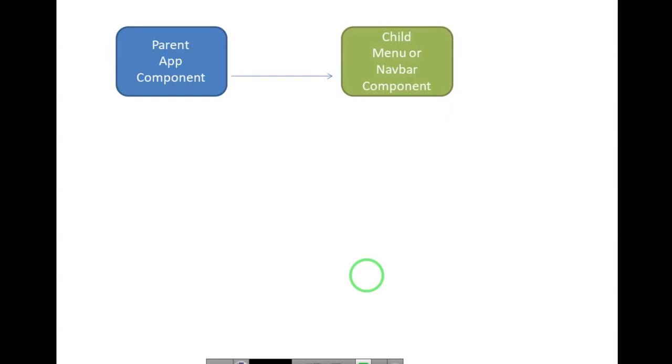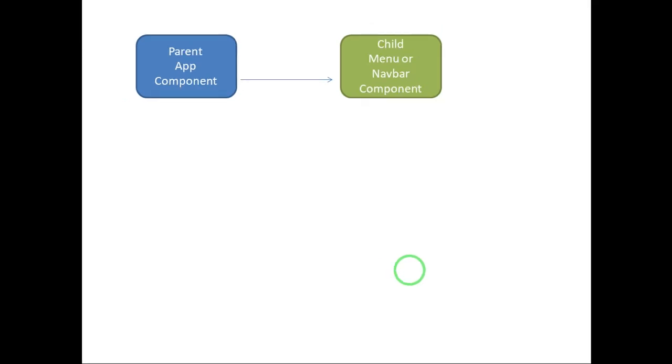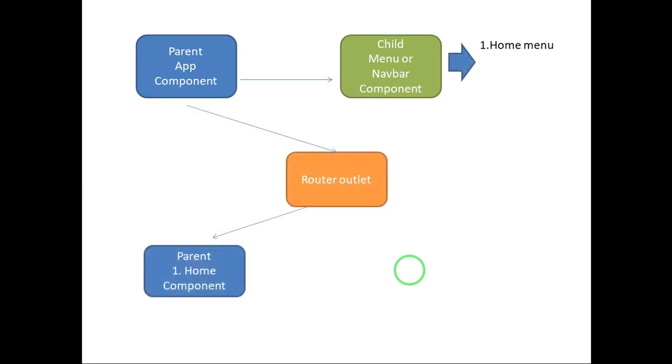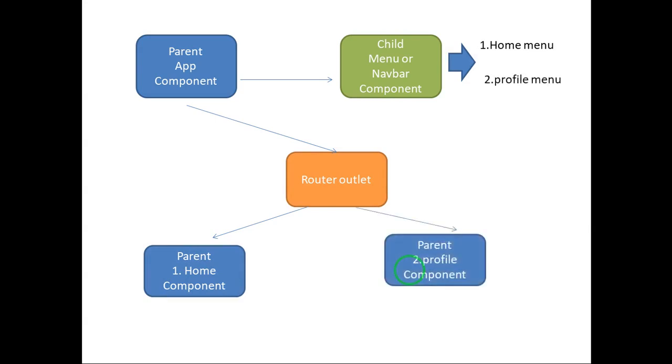Through this menu or navbar items we want to decide which component loads in this app component. For example, with home router link, we want to load home component, and with profile router link, we want to load profile component. And this profile component also includes a child for uploading photo, which is called photo uploader.